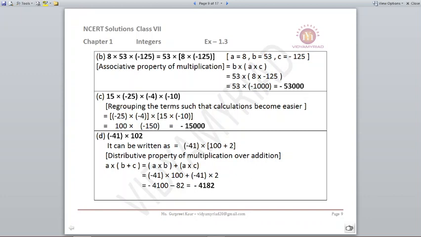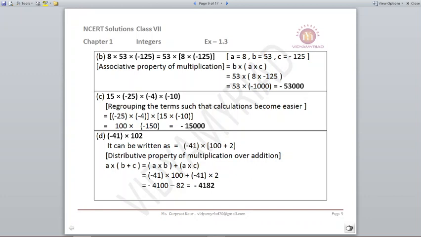So here your A is 8, your B is 53, your C is 125. So I have taken B common, B outside, multiplied by, in the bracket I have taken 8 into 125, because when I solve this my calculation becomes easier. 8 into 125 is 1000. So simply if I multiply with 53, I will get the direct answer minus 53,000.